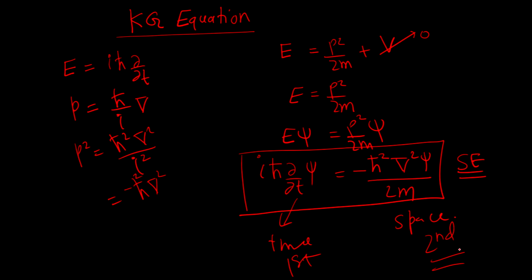So Klein-Gordon and many others wrote the KG equation, and I will be deriving that. The starting point of that derivation is, as we have seen in the first slide, energy in operator form and momentum in operator form.